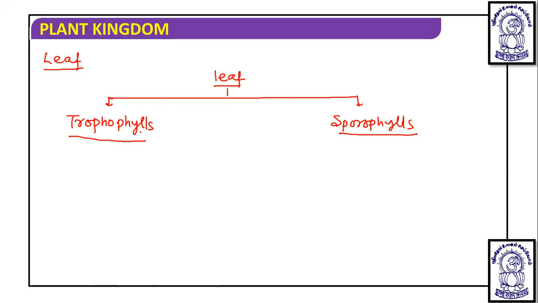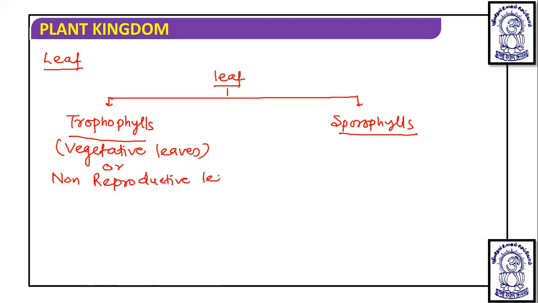Now when we talk about trophophylls, trophophylls are known as vegetative leaves, means non-reproductive leaves, means they do not bear sporangium.